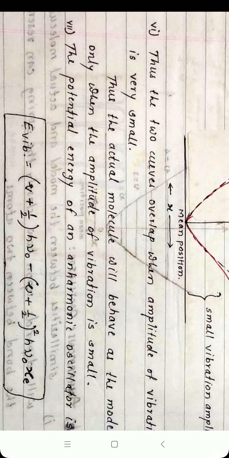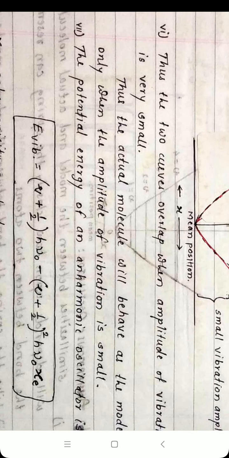Then for such a vibrating anharmonic oscillator, the vibrational energy is given by E. This is a directly given equation on the basis of quantum mechanics: E vibrational is equal to (v plus half) h nu0 minus (v plus half) whole square into h nu0 into xe.